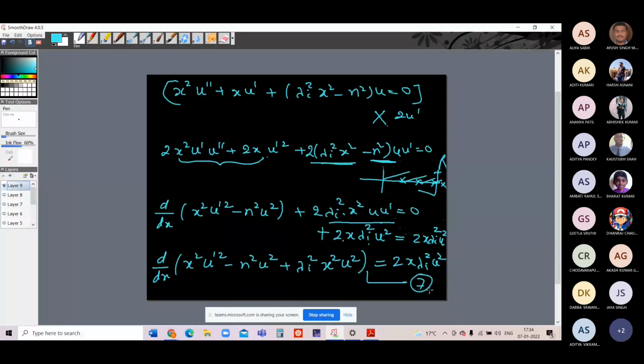Now integrating both sides of equation number 7 with respect to x from 0 to a.